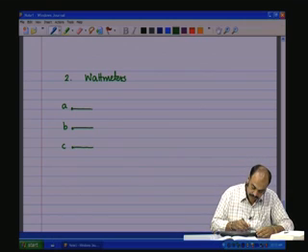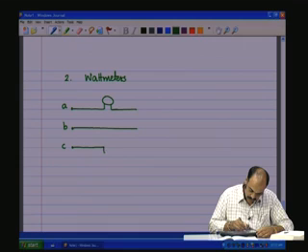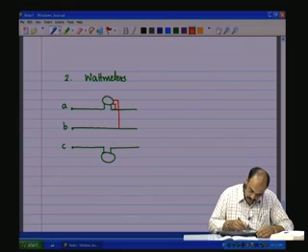Let us have the wattmeter like this, so we will call this the wattmeter, and the potential coil is between this, and likewise the potential coil is this.